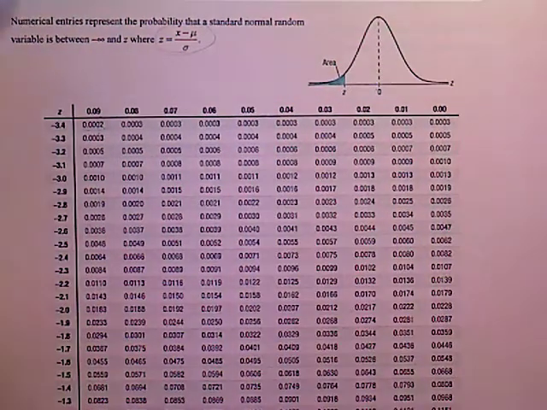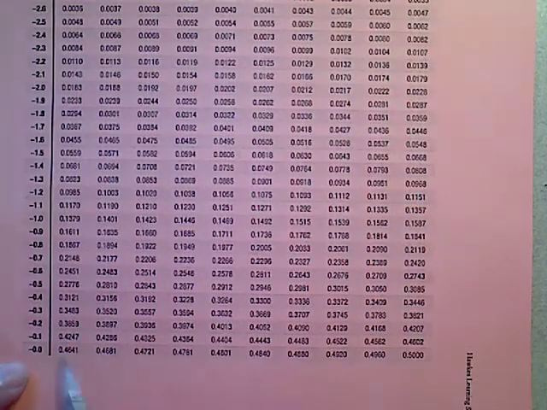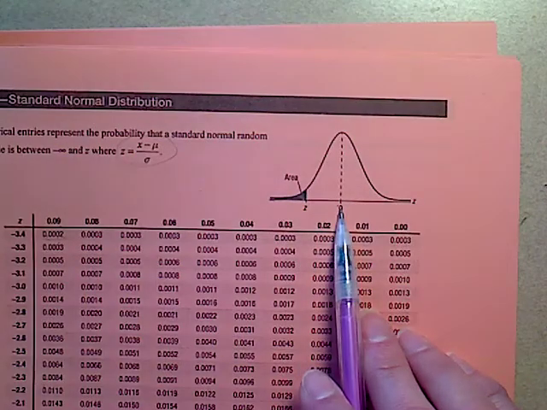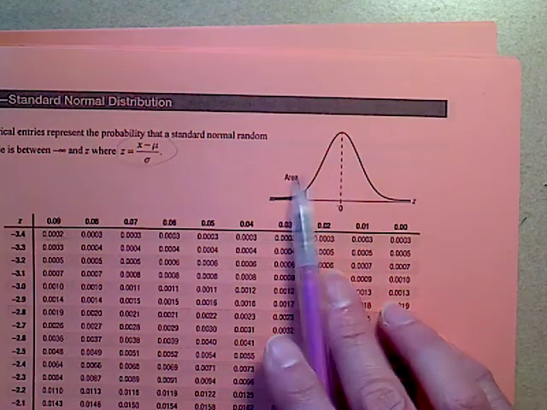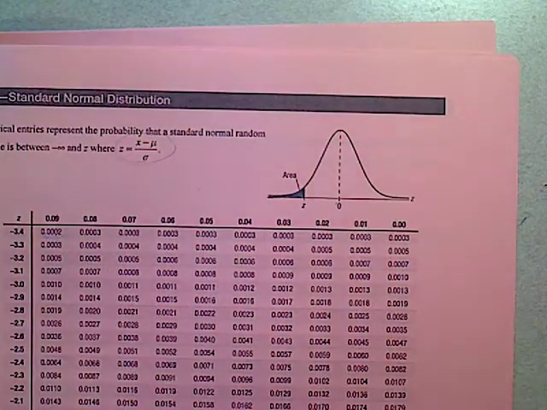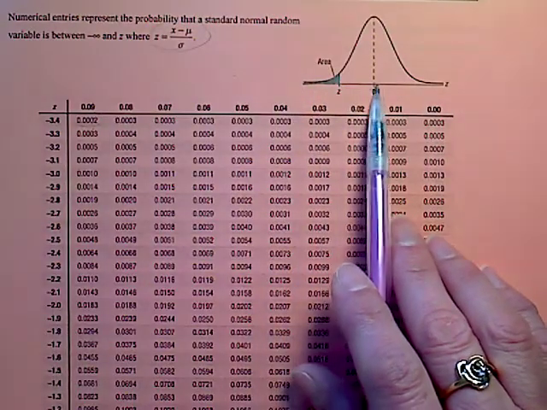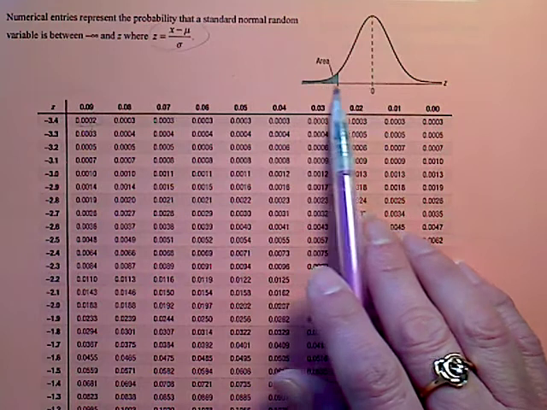Okay. Notice how far this table goes on this side. It goes to negative 0.0. It's 0.5. Why? Because at 0, it's cutting it in half. So, yeah, half of it's here and half of it's on the other side. Voila. Alright, so this only gives you this left-hand side from negative infinity to 0.